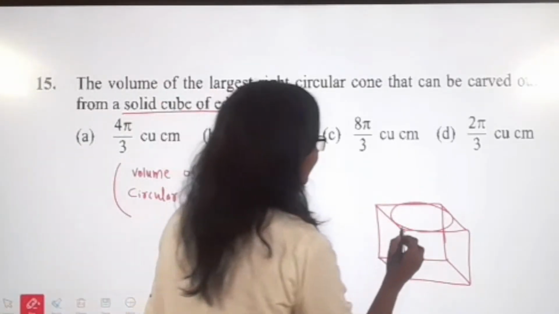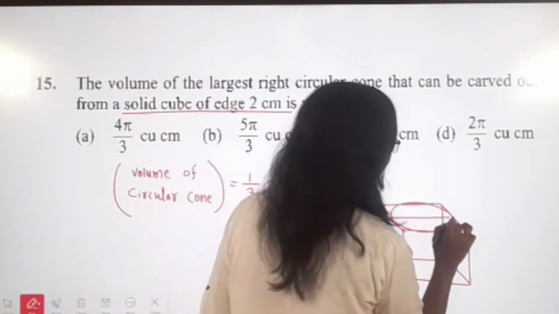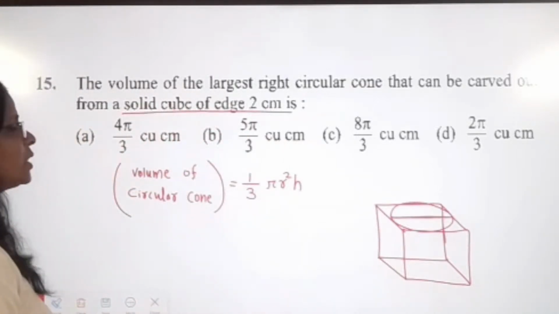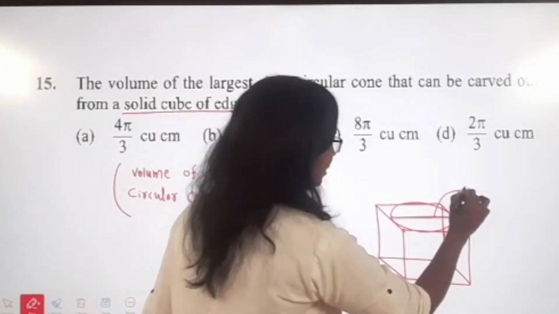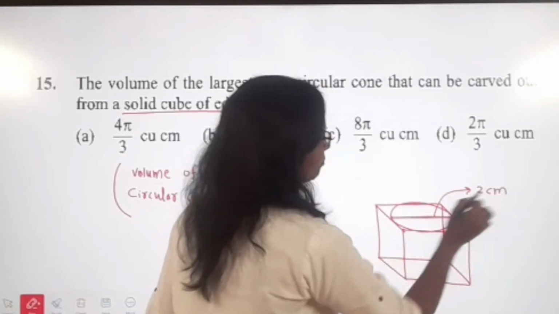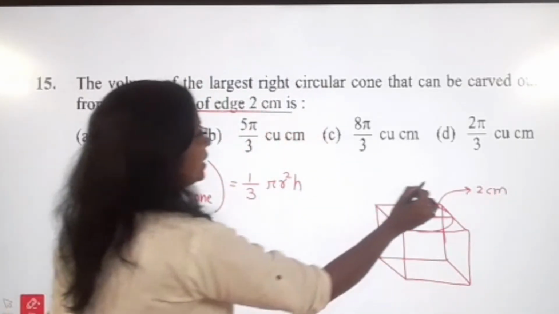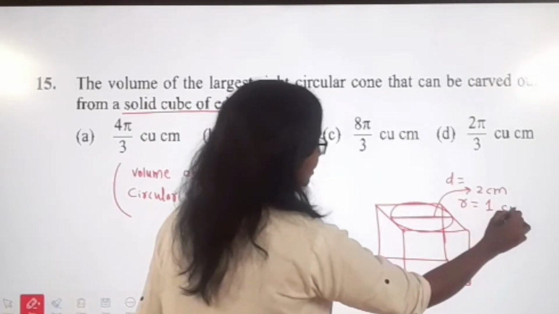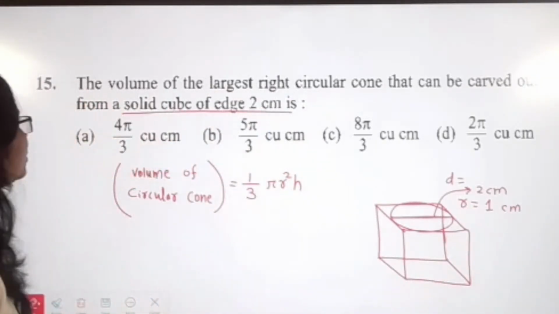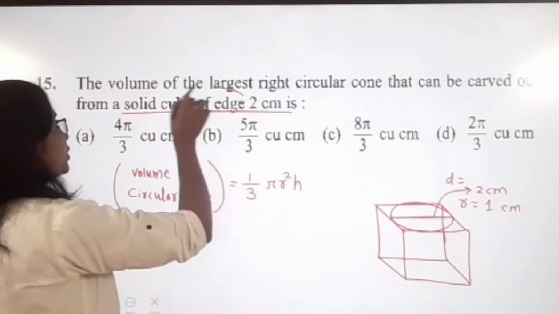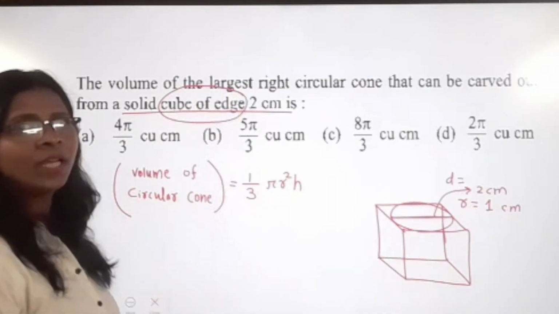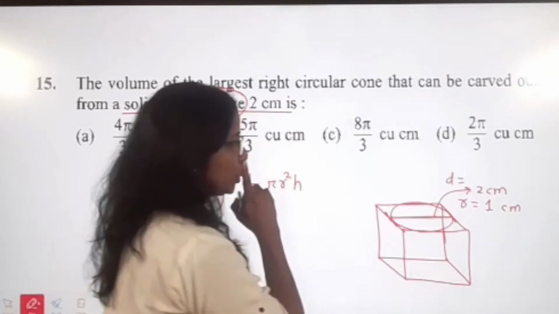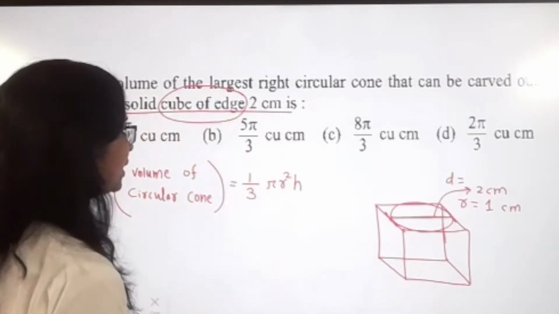And as we get the circle, then it will be the diameter, and that diameter will be 2 centimeter. Okay, and that diameter will be 2 centimeter, then the radius will be 1 centimeter, because we carve with the edge of the cube. So here r is equal to 1 centimeter.